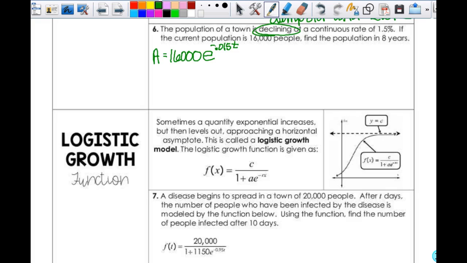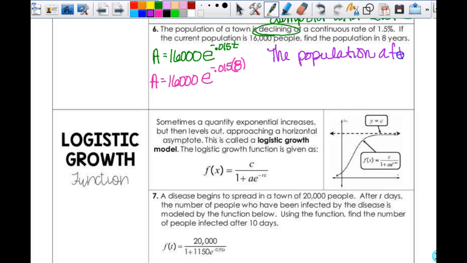And then we're going to change t to 8. That's pretty obvious. It gives me that. So A is equal to 16,000 times e to the negative 0.015 t, times 8. Duh. So then our answer would be the population after 8 years will be, all right, so what did you type in and what did you get, Ernest?